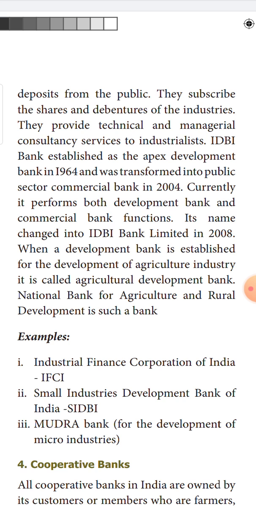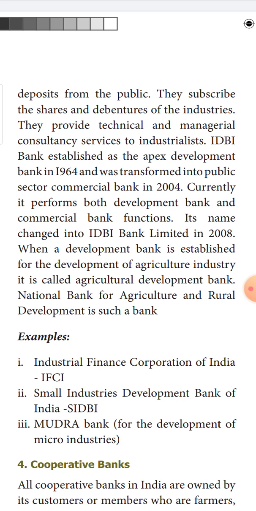Now, the next type of bank: I told you, we need to develop industries, and we need to develop the agriculture sector. So for the development of the agricultural sector, the development bank created by the government is NABARD. NABARD is the National Bank for Agriculture and Rural Development.